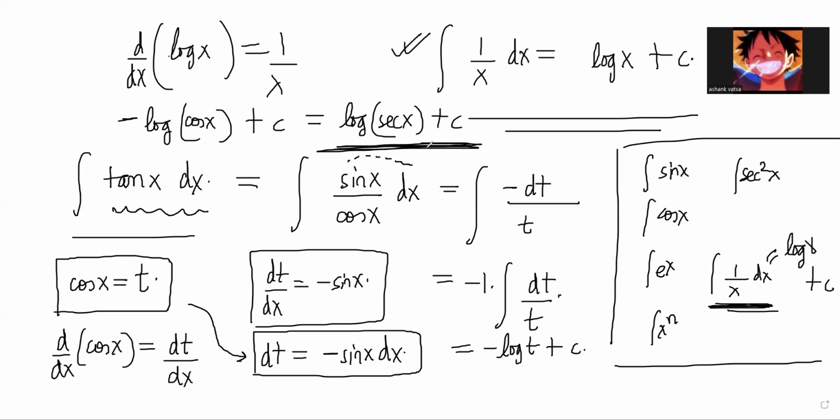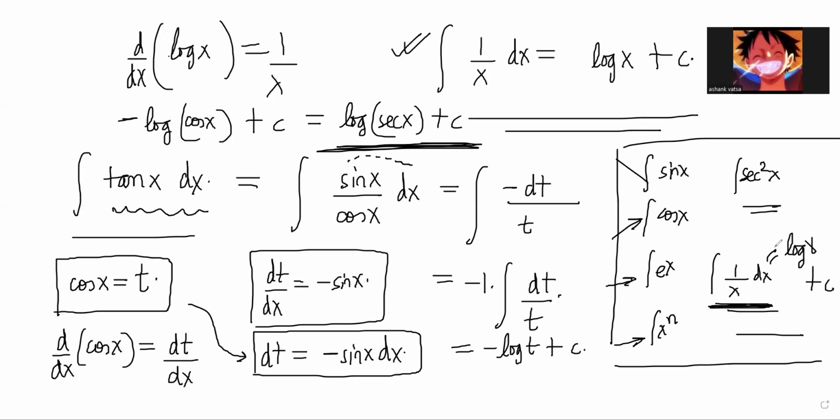Understood. So basically the main thing is you have to be clever about it and change the variable in such a way that you get to use your formulas, right? You cannot do any integral whose formula you don't know, and we know only a limited number of formulas.